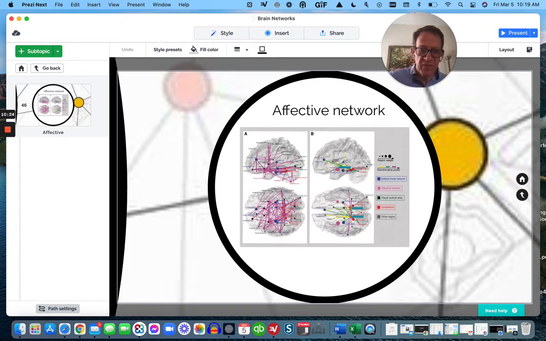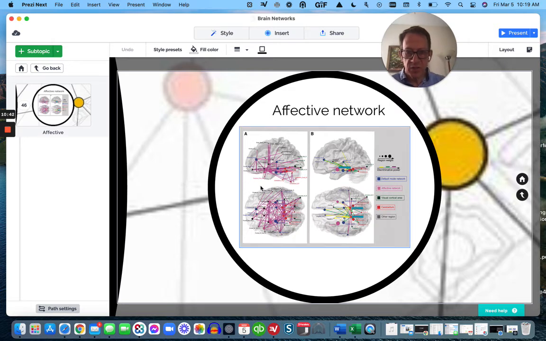The affective network is a network you can see here in the magenta colored connections. And it has been shown as the areas that are least well connected and least active in major depression.